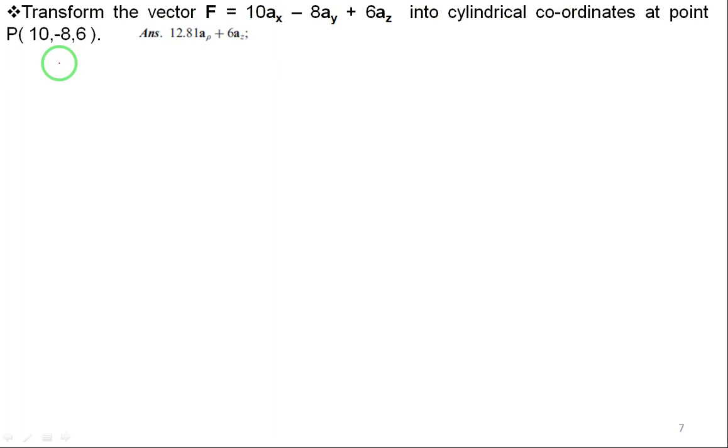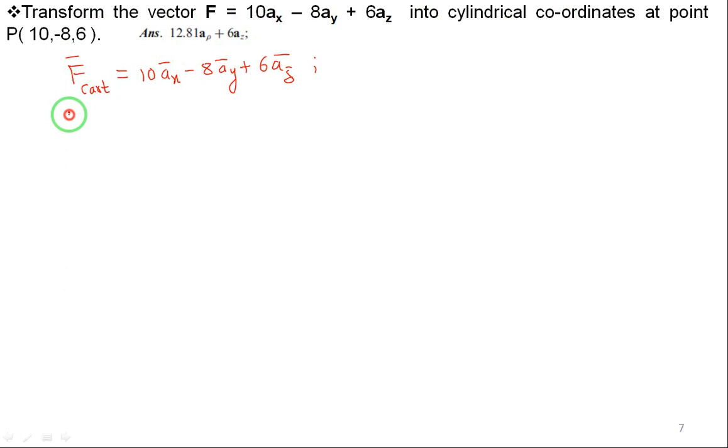First I will write down the given vector F. This is given in Cartesian, so I will append Cartesian for my reference. F Cartesian is 10ax minus 8ay plus 6az, right? And it is asked to convert it into cylindrical coordinates.